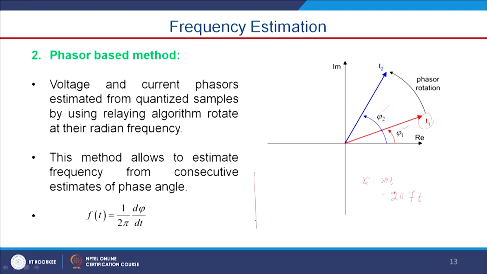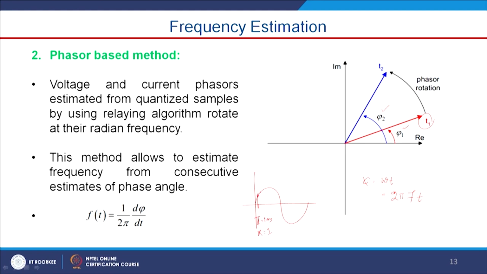Suppose we have a certain signal, and at time t is equal to 1 millisecond, so here Ts is equal to 1 millisecond and let k is equal to 1, the sample position.